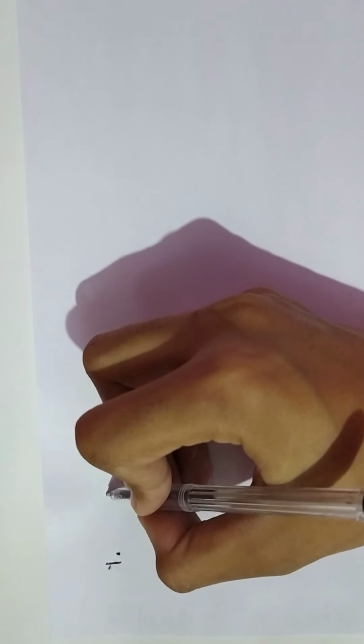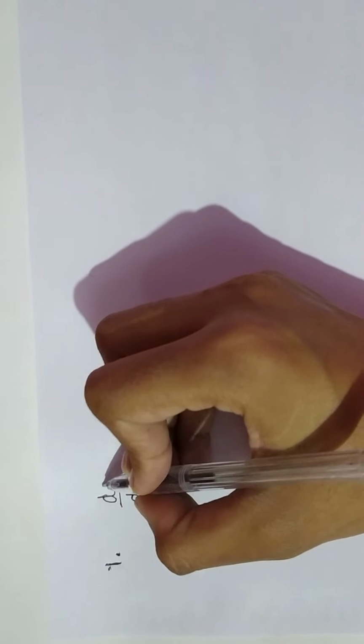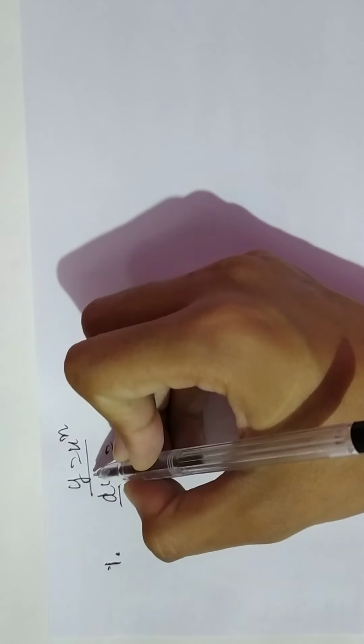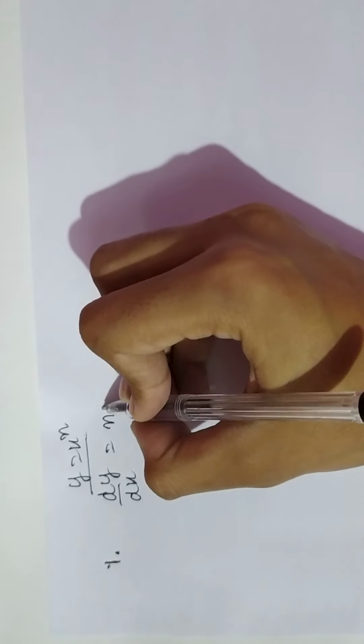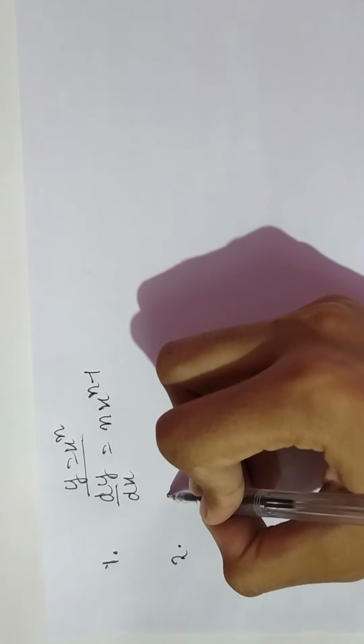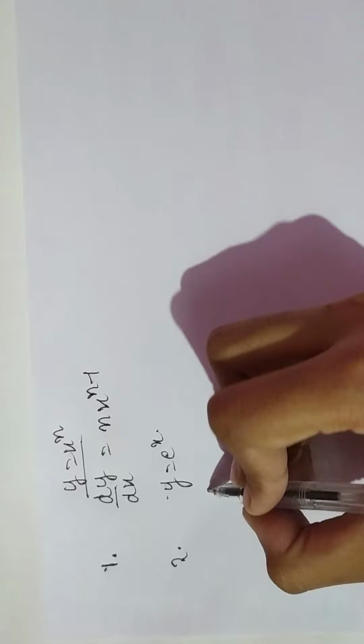Now let us see some of the formulas for differentiation that we will be using. Very basics. First, we already know this formula: d by dx of y, if y is a function x to the power n, we can easily find n x to the power n minus 1. The second thing is, if we are given the function y as e to the power x, how will we find the differentiation of this function?